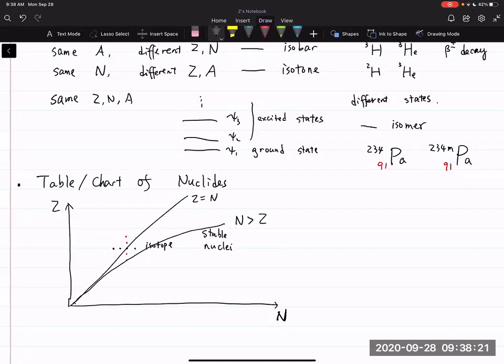The periodic table tells us essentially the chemical properties of every element, and the chemical properties have nothing to do with the number of neutrons. But for nuclear physics or nuclear engineering, the nuclear properties actually depend on the number of neutrons by a lot. So every group of isotopes has very different nuclear properties.